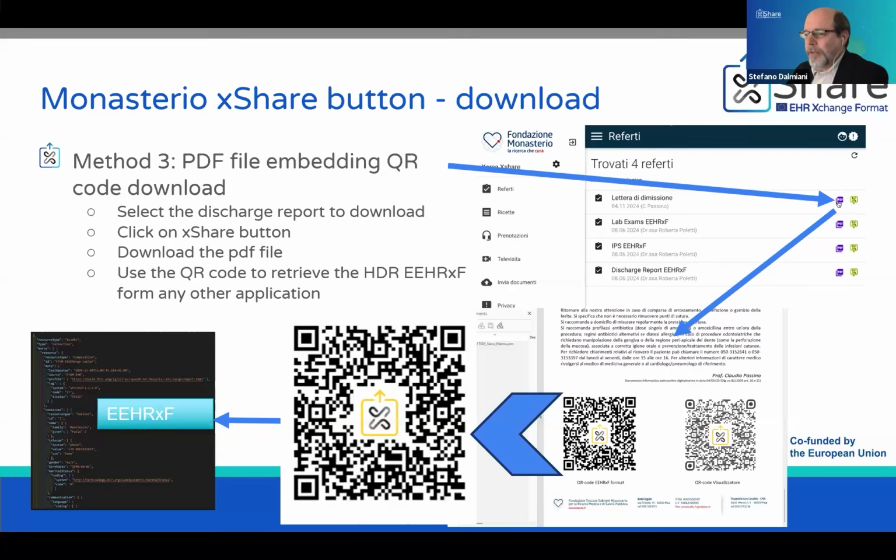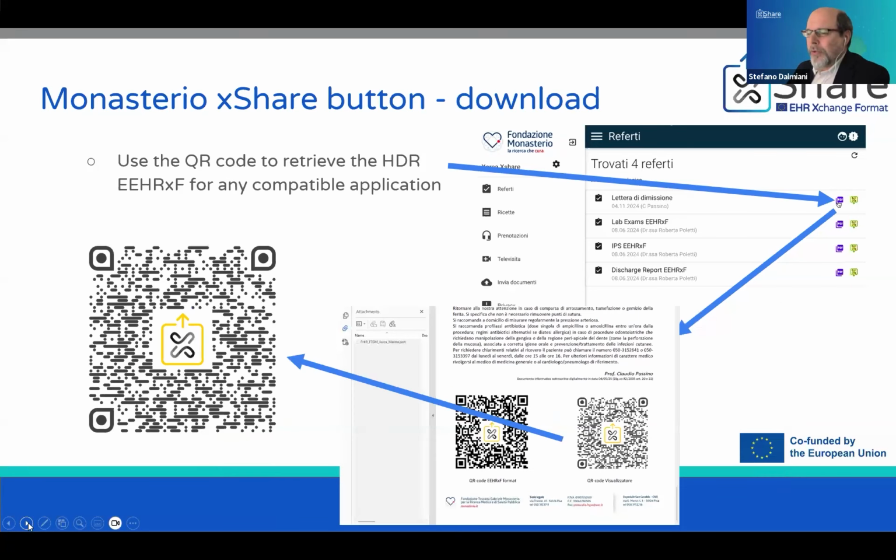So this is the first usage that is capable of merging the documental part that might be necessary for certain processes with the structured part that can be used later, or at the moment, also to support other investigation or patient continuity of care.